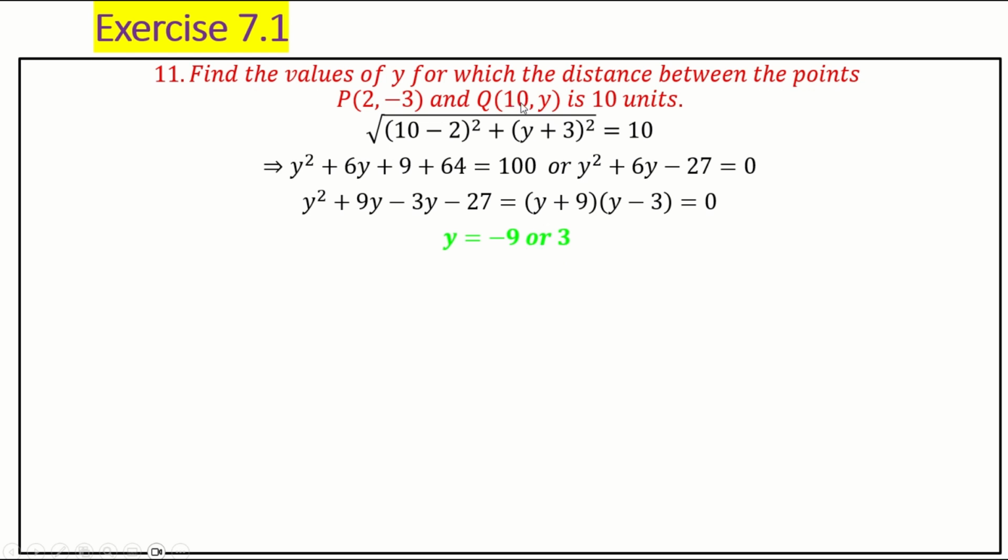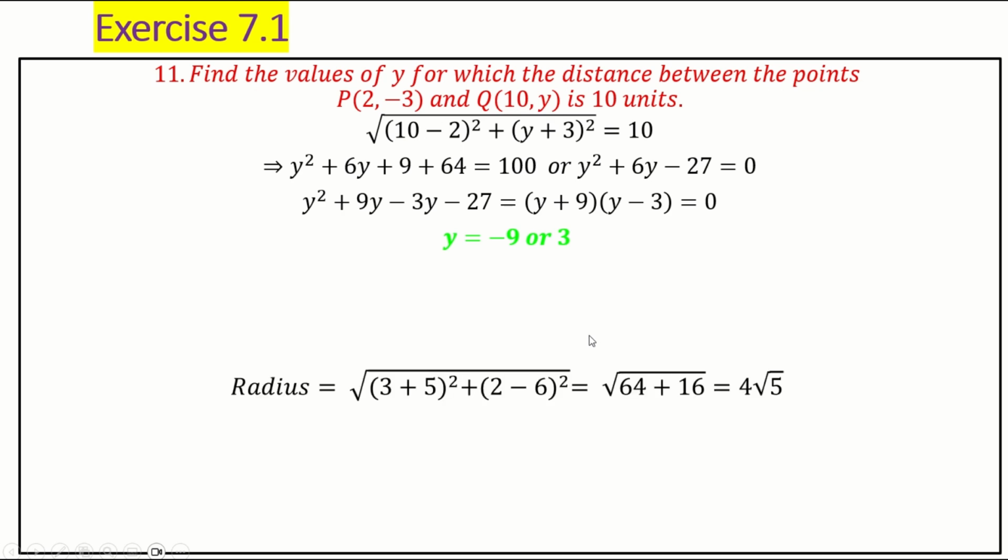If the x coordinates are the same, it is parallel to the y-axis. So you will get 2 points on the same line which are equidistant from (2, minus 3).